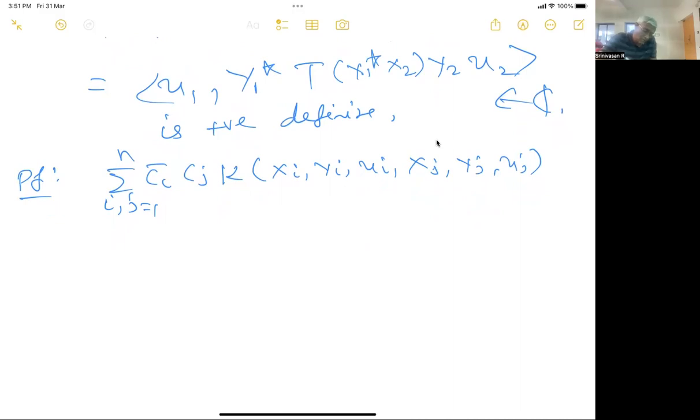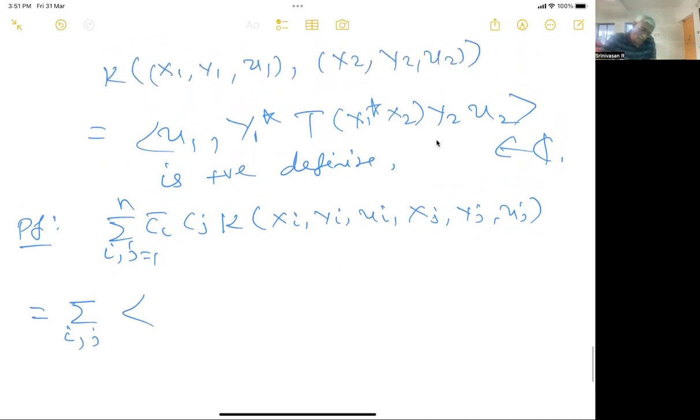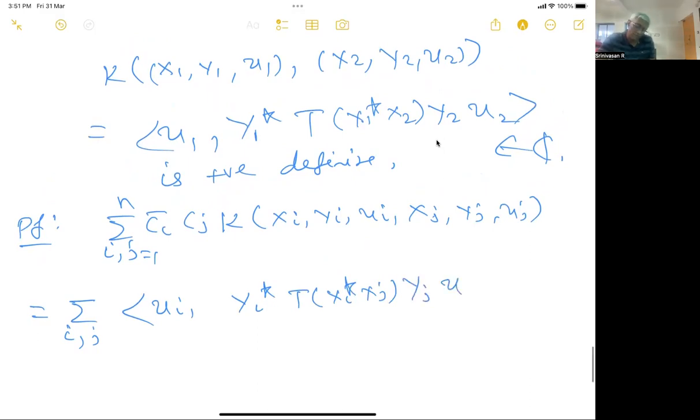But then we can calculate it, summation over i, j. We will get u_i here, and then y_i star, T of x_i star x_j, and y_j, and u_j, right?